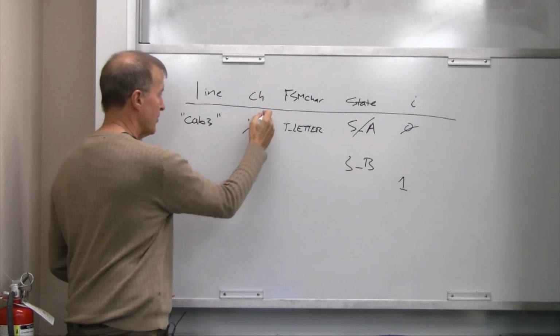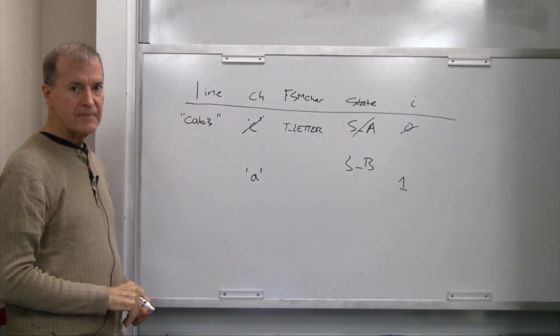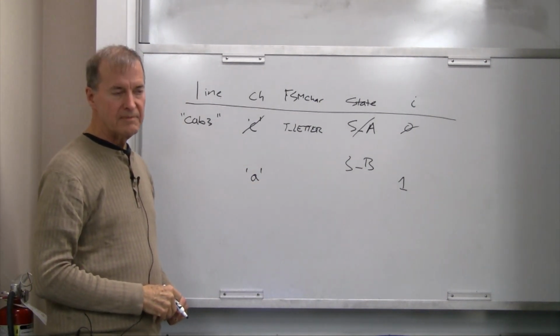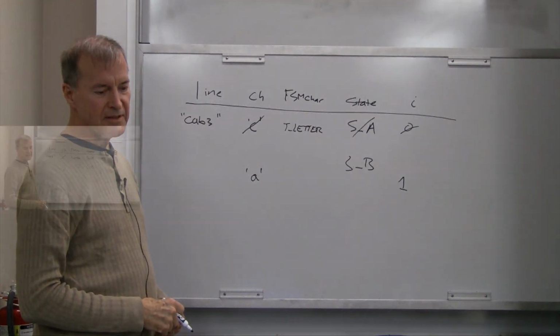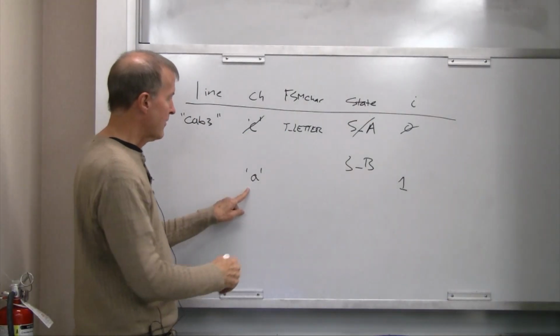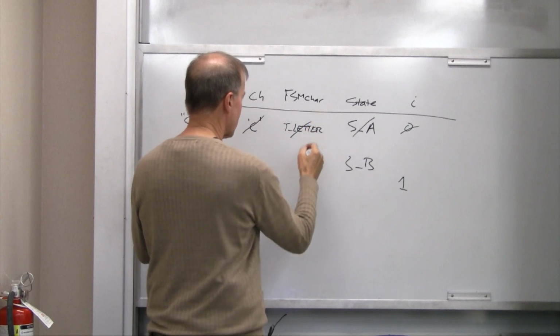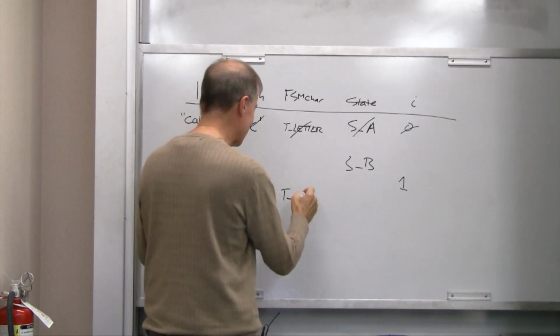That's the A. So boom, now ch is A. Are we good? And now what happens? FSM char gets isAlpha(ch). Is alpha ch? Yes. So what happens to FSM char? It's still T letter.